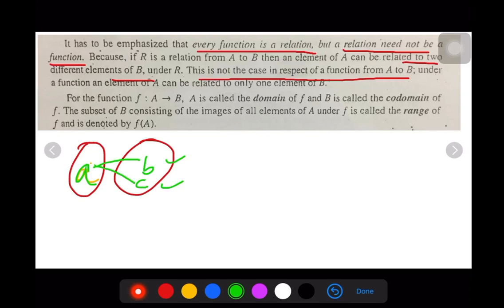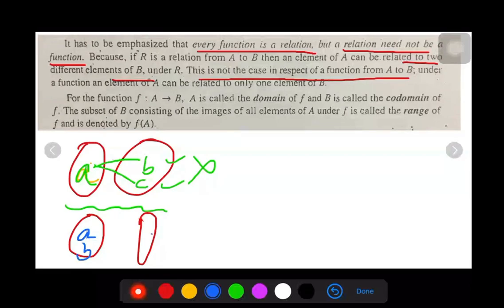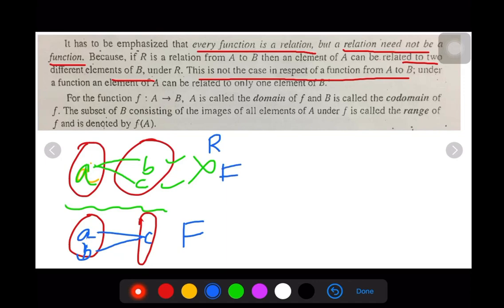One way to remember whether this is a function or not: this is actually not a function. Where I define another relation with A and B here, and c is here, look at this. This can be called a function. The earlier one is only a relation, but not a function. But here, this is a relation as well as a function.